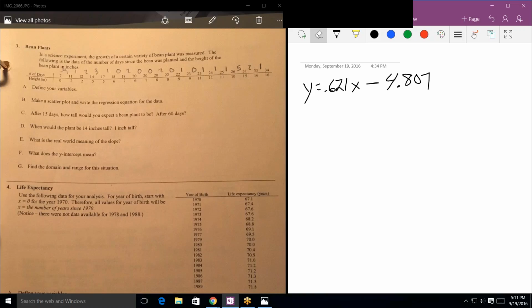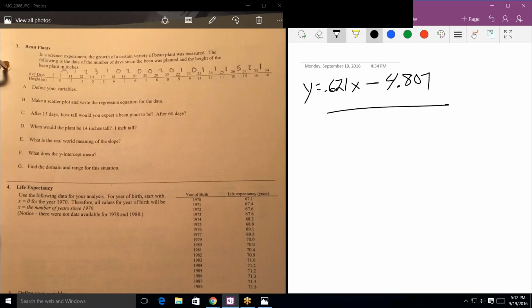So you just plug in 15 for x. Minus 4.807. Well, now hold on. You'd plug in 15 for x and figure out what that number was. Okay?